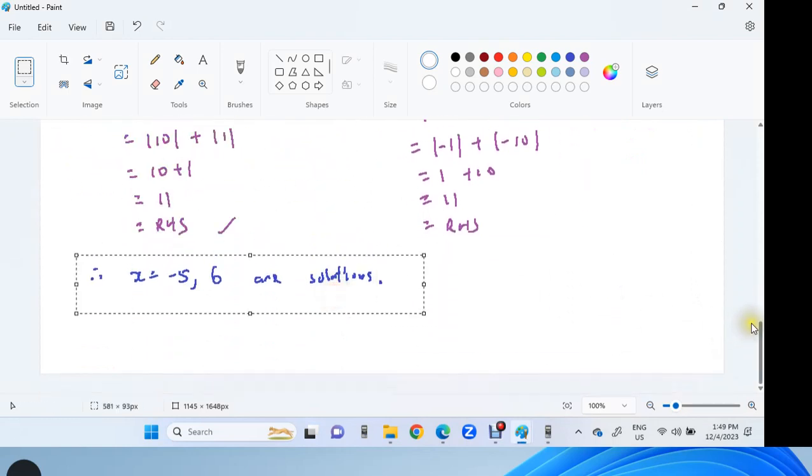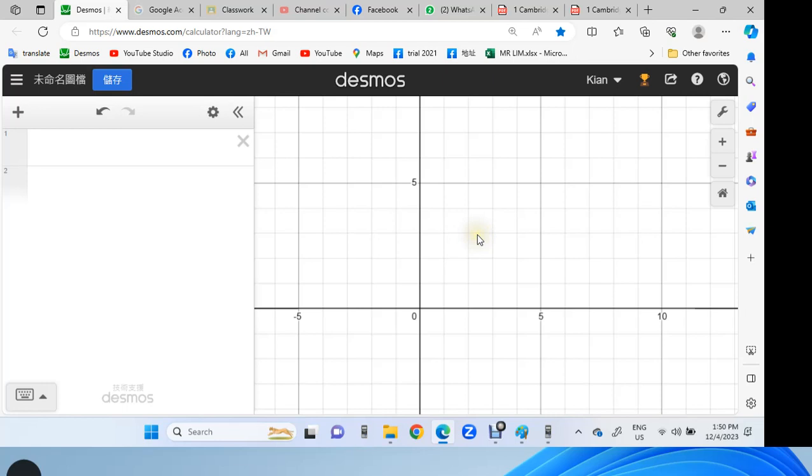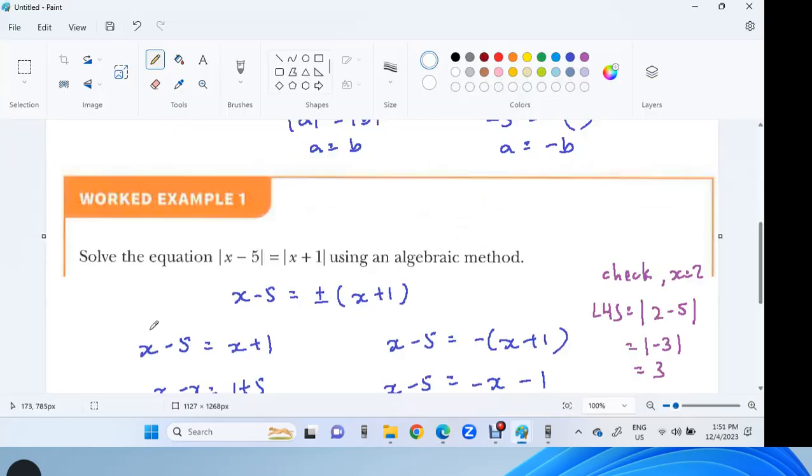Okay. So for method number 3 is solve graphically. Yes, draw the graph. Graphically, modulus x minus 5 equal to modulus x plus 1. So we need to draw the modulus x minus 5. We learned in chapter number 1 the graph for modulus.